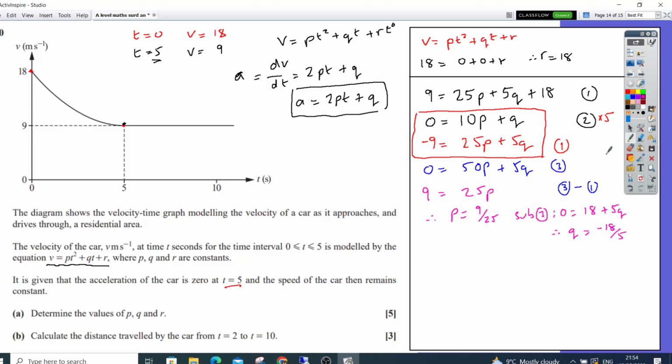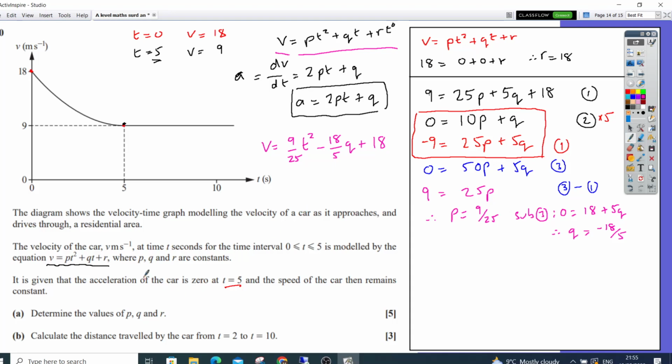Okay, so now this equation here, you got the values of p, q, and r. You can rewrite that equals p is 9 over 25 t squared minus 18 over 5 q plus r is 18.